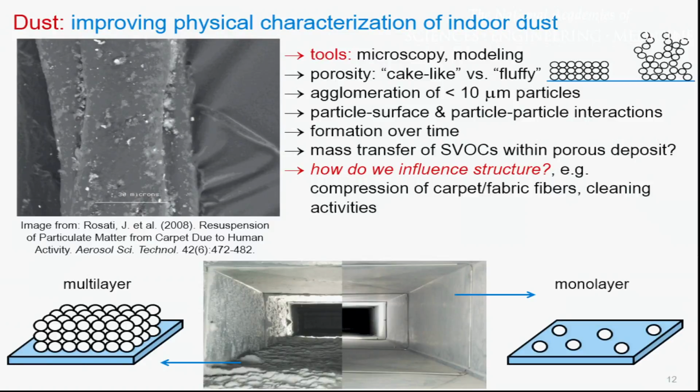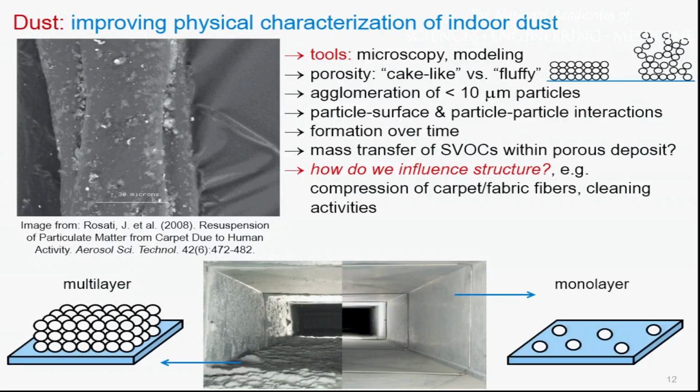Along with the size distribution of dust particles, we have the structure of the dust deposit itself. And this is something that I think is very, very complex, and also something we know very little about. These deposits can have varying porosity, as I show here. They can be very compact or fluffy. This porosity and also the agglomeration of particles within the deposit may depend on deposition mechanisms, compression of carpet or fabric fibers over time.